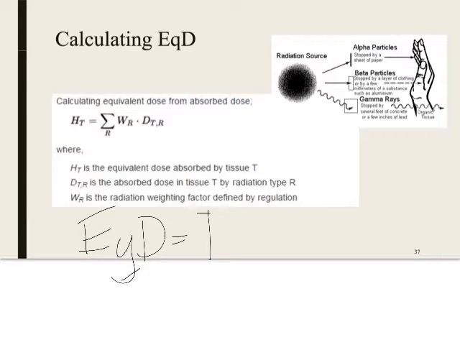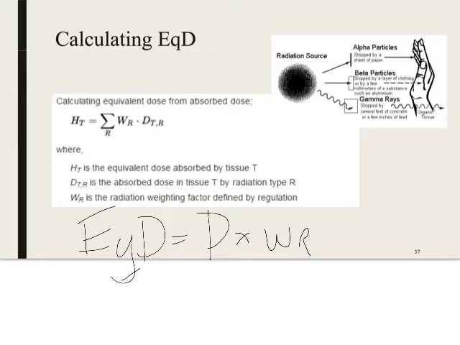It's going to be that dose in gray times a weighting factor, a radiation weighting factor. That's all it's saying. Don't be scared by that goofy looking formula. It's just saying the sum of whatever, that E means sum, like from Excel spreadsheets, the sum of whatever radiation they were exposed to times the weighting factor for whatever those different radiation types were.